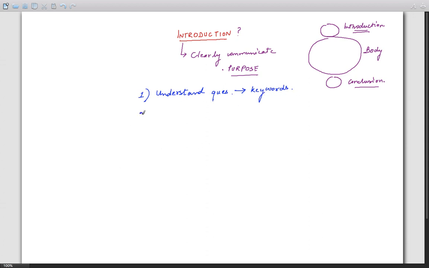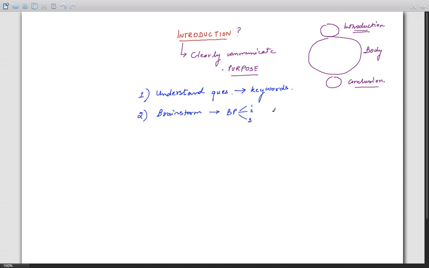The second part: before you write an introduction, you should always keep in mind that you should understand the question first, understand it completely, mark the keywords, and second, you must at any cost brainstorm the body paragraphs, body paragraph 1, 2, 3.